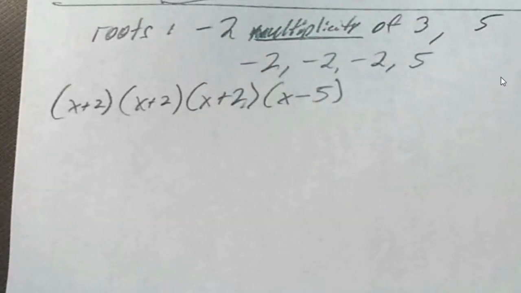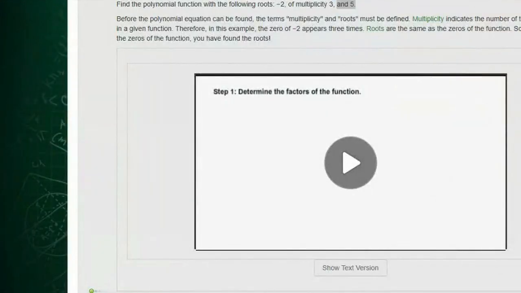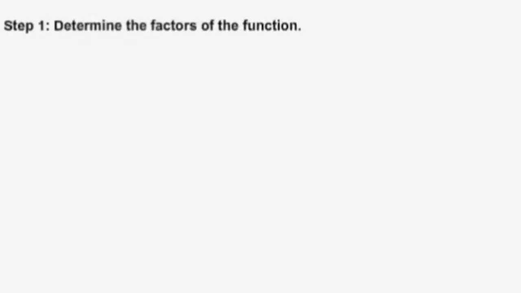Let's look at their video and see how they handle that, and see if they explain it any differently. The first step is to determine the factors of the function. To do that, set each zero of the function equal to x.